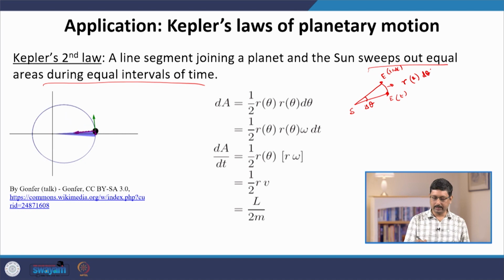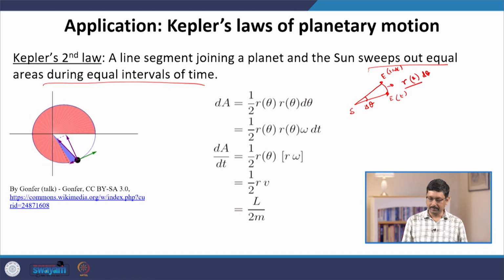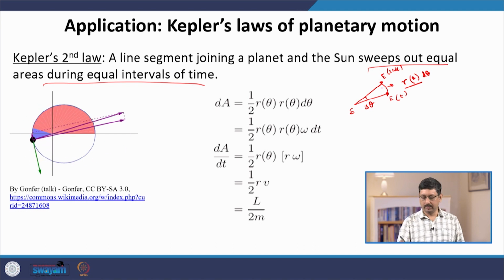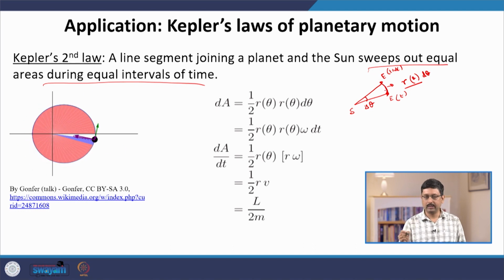In general, the distance between sun and earth is different, so r, the distance between sun and earth, is a function of theta. Now, if delta theta is very small, we can approximate this arc as a straight line, so that this is approximately a triangle.